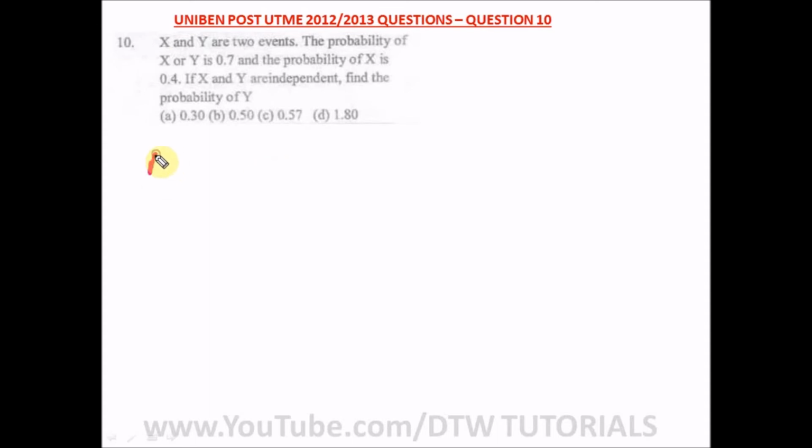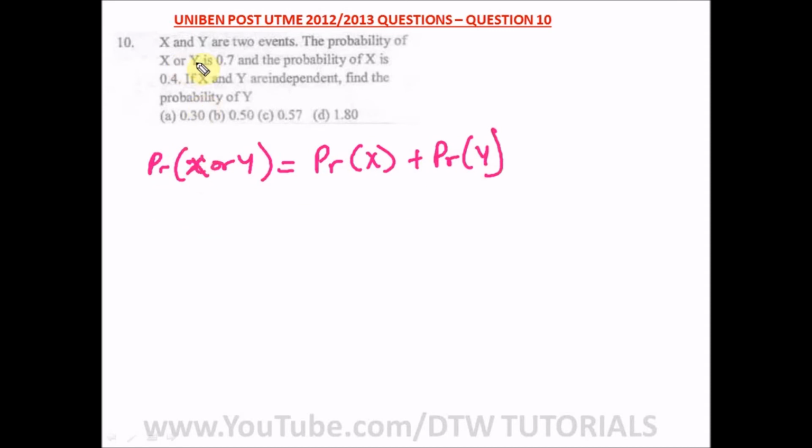So our probability of x or y is equal to the probability of x plus the probability of y. We are already given that the probability of x or y is 0.7 and the probability of x is 0.4. We're looking for the probability of y occurring. So all we need to do is just take 0.4 down here.